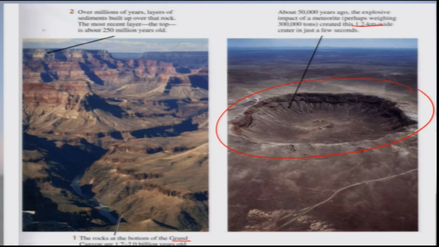It says that about 50,000 years ago the explosive impact of a meteorite, weighing about 3 lakh tons, created this 1.2 kilometer wide crater in just a few seconds. So, we have a lot and lot to know, and many surprising things come in front of us when we talk about the earth.